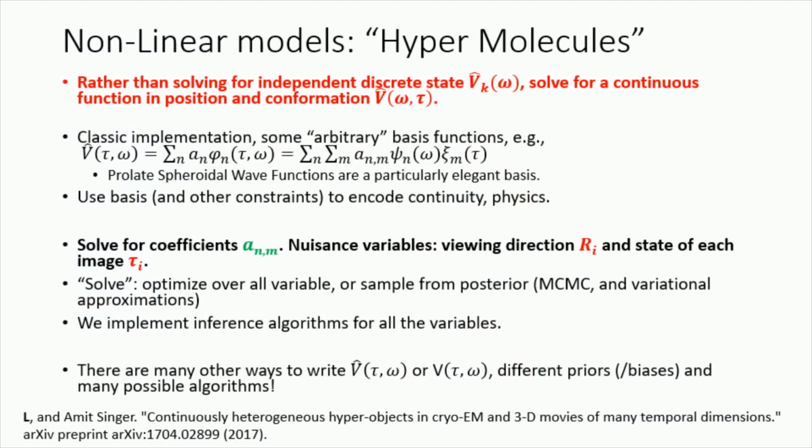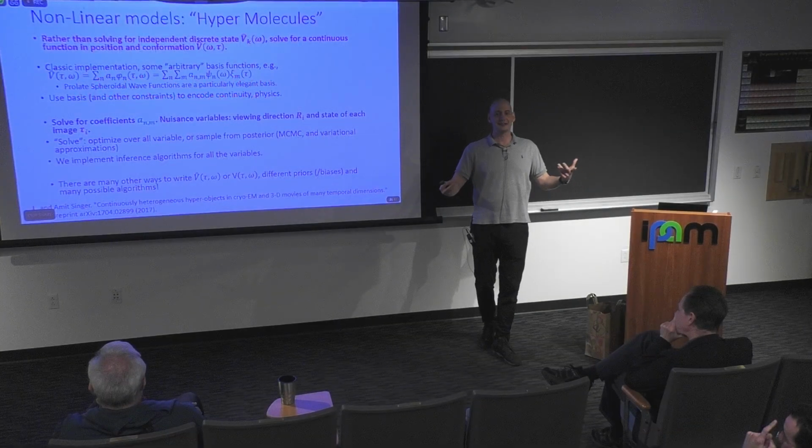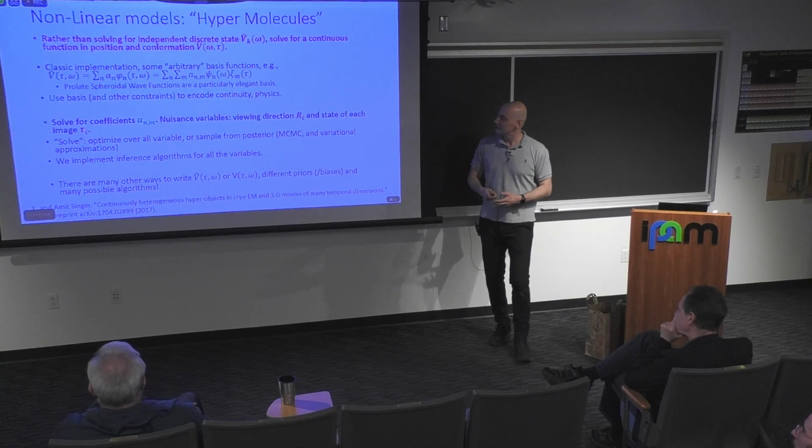So that's a model that we called hypermolecules, this higher dimensional version of a molecule that in one model tries to capture all the different conformations. Originally, the way we described it was as in the traditional analysts, as some kind of a linear combination of basis functions.